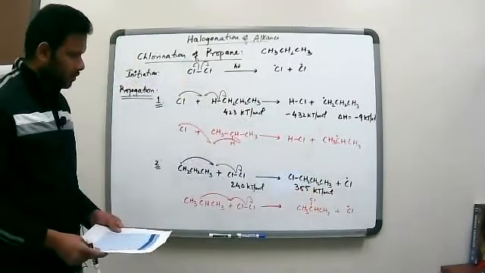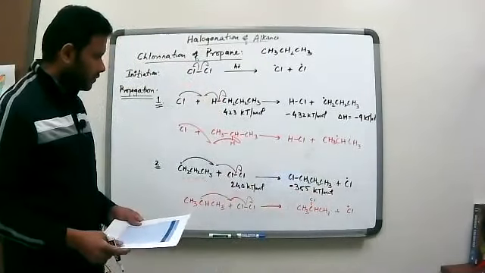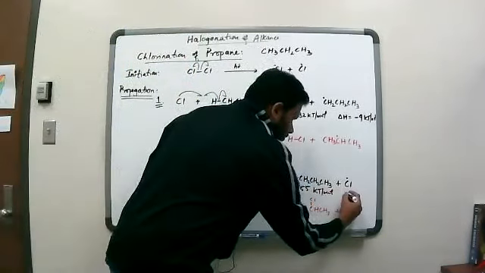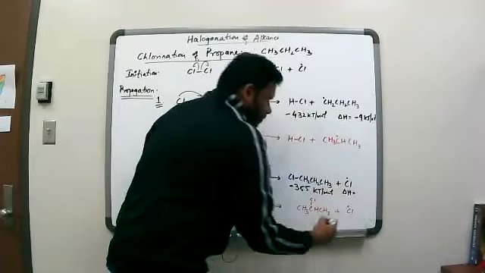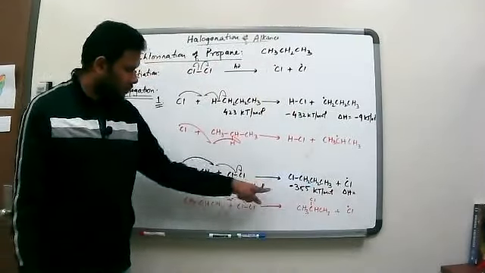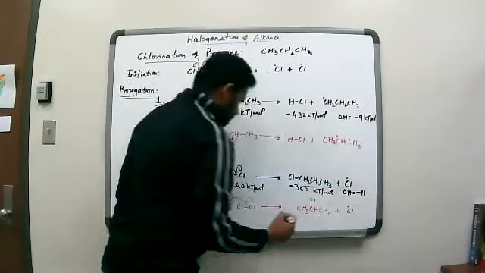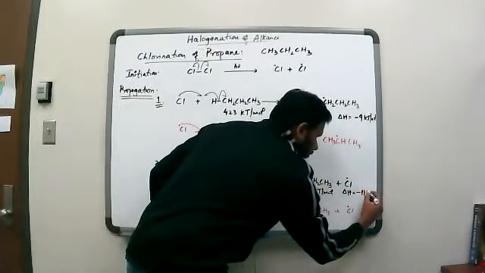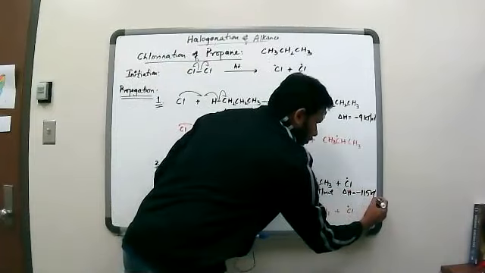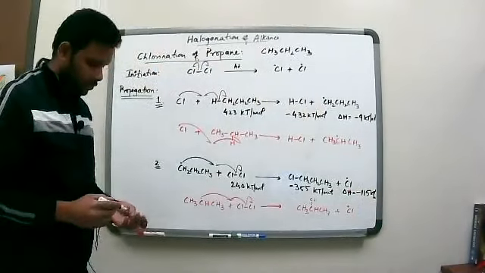So 355, and this is a negative number, negative 355 kilojoules per mole. So delta H for this step is the sum of these two, which is negative 115 kilojoules per mole.